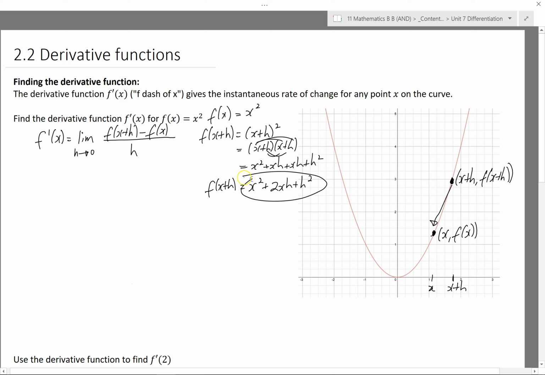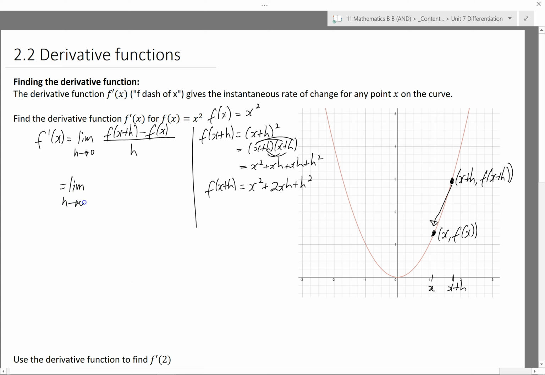So I'm going to put this into my differentiation calculation. This is all just off to the side so that I don't get confused in my fraction.